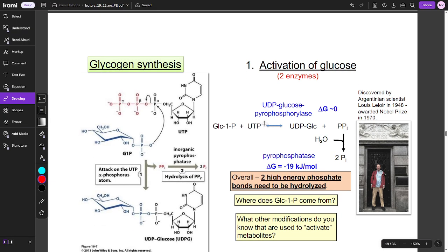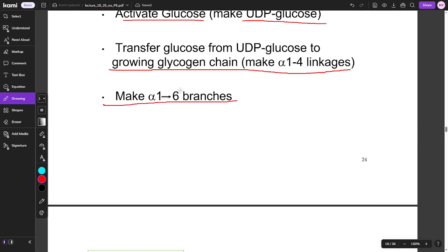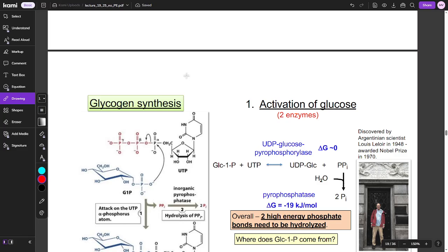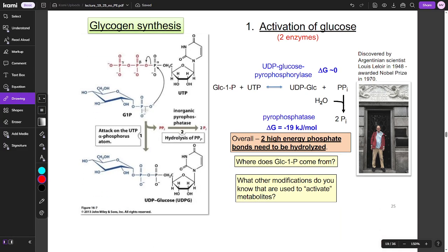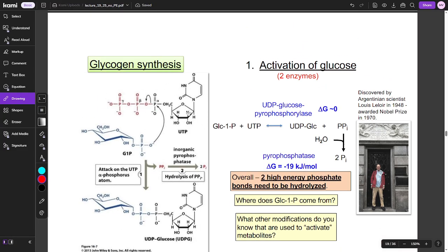To make glycogen, we first take our glucose 6-phosphate and isomerize it into G1P. That's one of the first steps. From G1P, we take our UTP and attack it with our G1P.